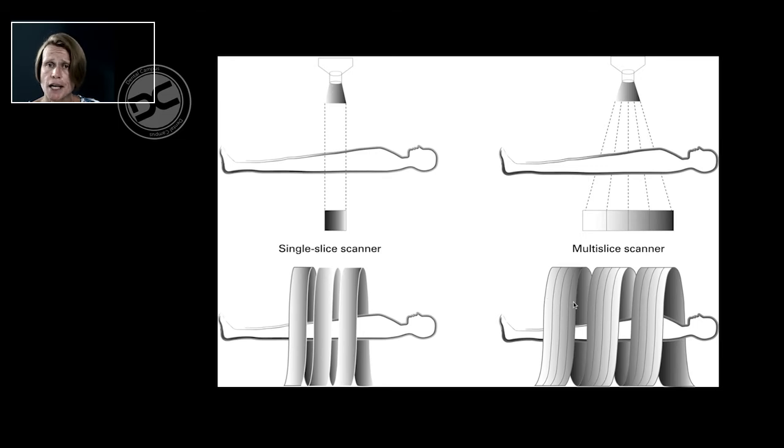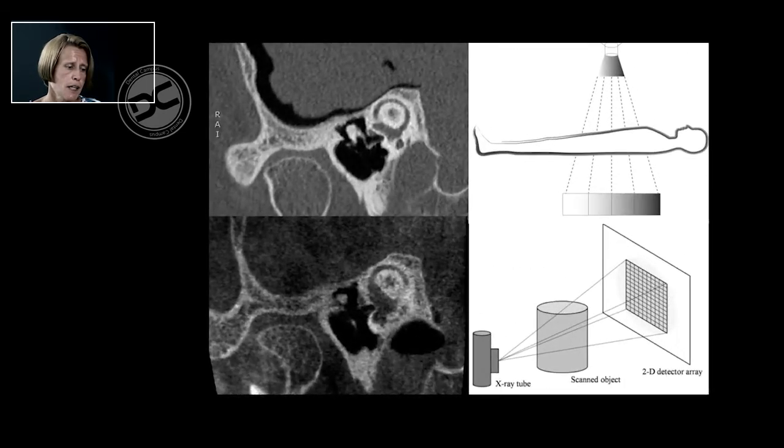And current machines have possibilities for 64 or even more slices scanned in one movement, thus increasing the speed of the machine, increasing the resolution, and at the same time also lowering the dose. This is shown here. The present multi-slice CT scanners offer an image resolution very comparable to those of cone beam CT. Here you see actually the ossicles in the ear perfectly visualized in the CT machine at a lower radiation dose and a fast speed.